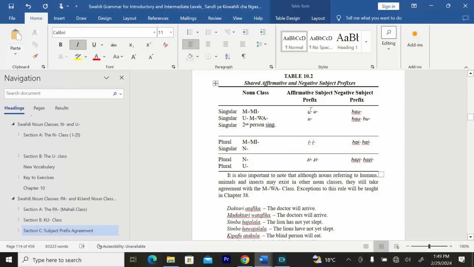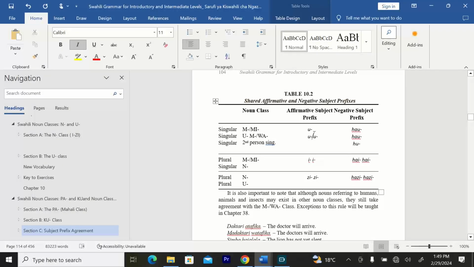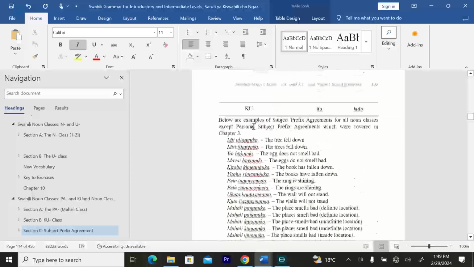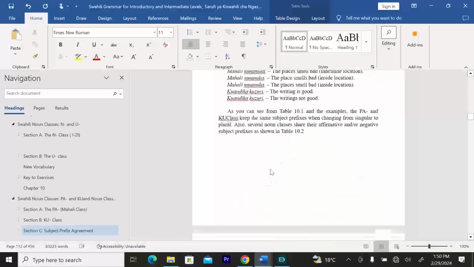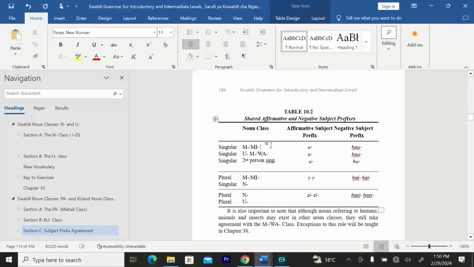We have u, in the affirmative subject prefix is u, and the negative subject prefix of mi is hau. Remember, mi here we said is ui.